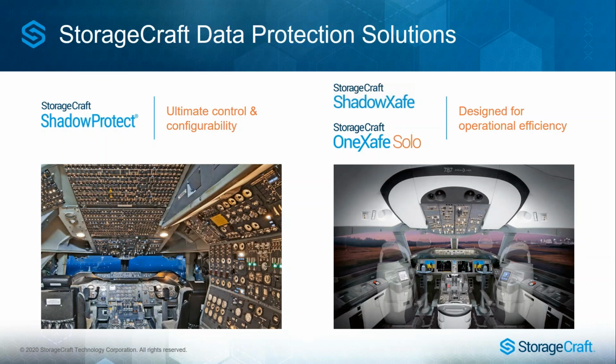SLA-based, policy-based management is the starting place, so that you can set and forget what you need to do. There's the scalability of being able to protect things without requiring an agent, while having the agent option in ShadowSave as well. It's another way to increase and optimize efficiency around how you protect your environment.